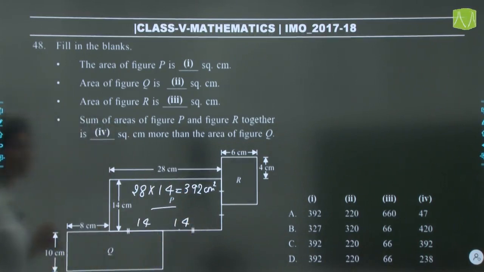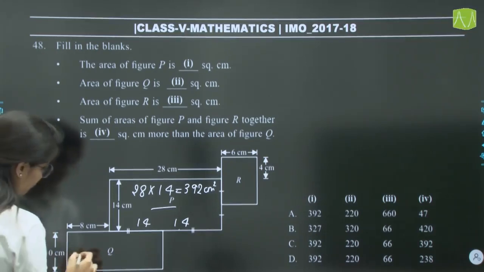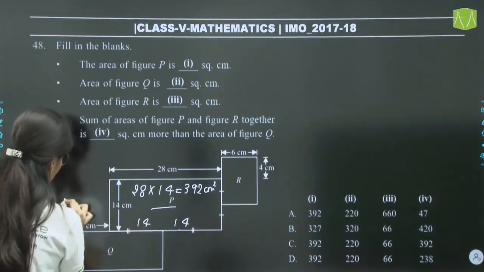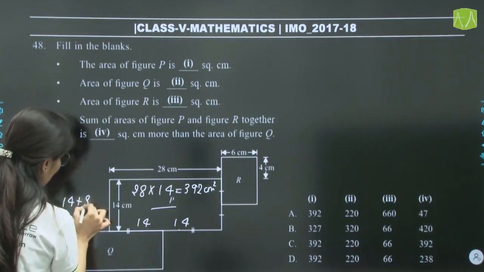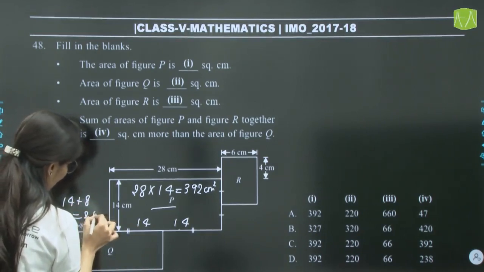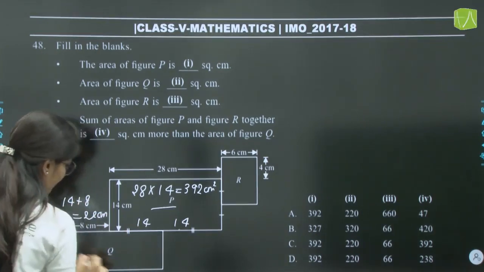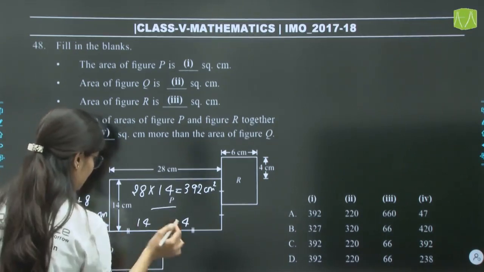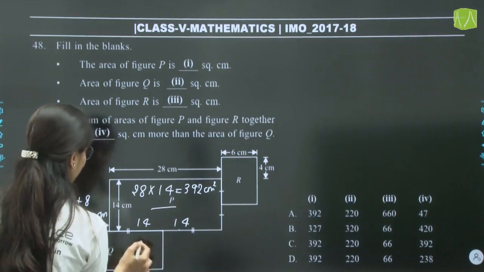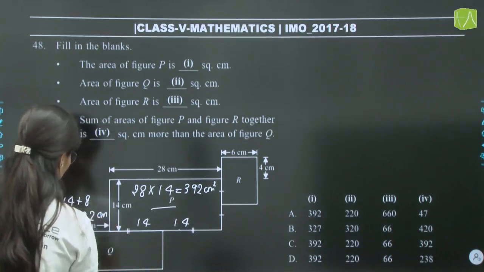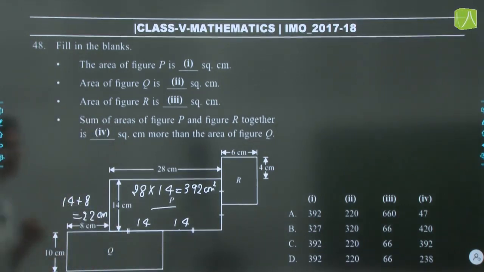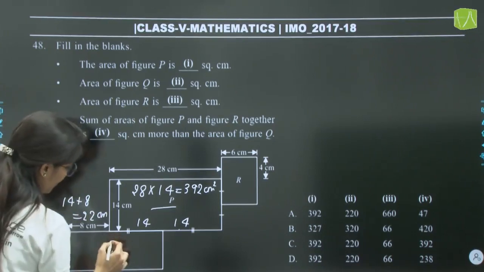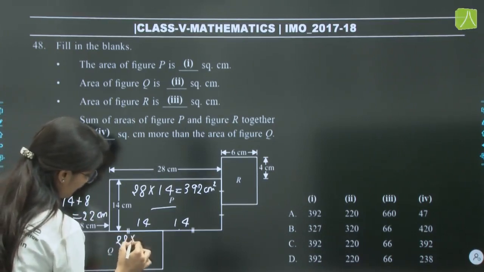Now you have to find out the area of Q. So check the length of Q. It's 14 plus 8, so the length of figure Q will be 22 centimeters. The breadth is 10 centimeters. You can find out the area of figure Q is 22 multiplied by 10.